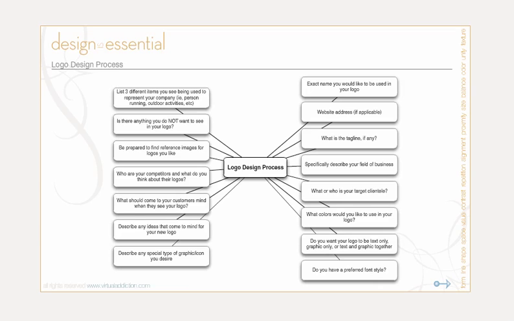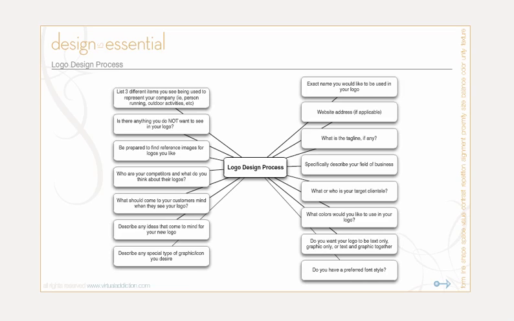Kind of some no-brainer stuff is, of course, come up with the exact name that you want to be used in your logo. You want to make sure that there's no misspelling and the exact name is certainly identified. Find the website address if that's applicable in your project. Definitely find out what the tagline is, if there is any. Specifically describe the field of business that you're going to be creating the logo for.